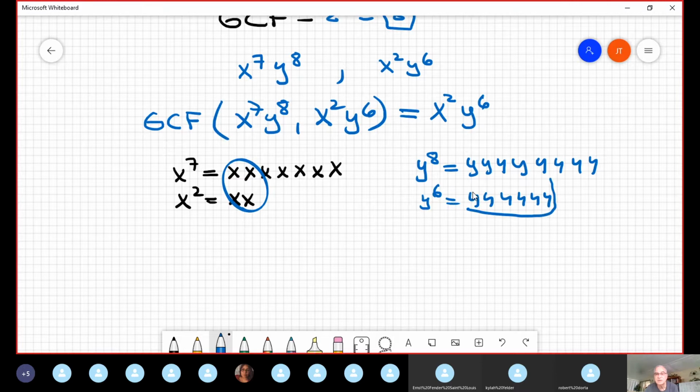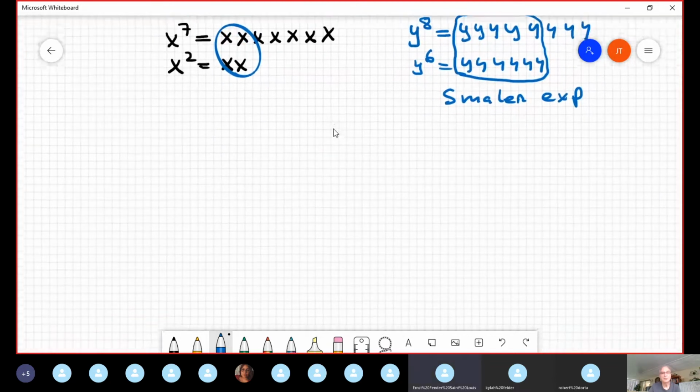And you can see that 6 y's are common. That is the reason I take the smaller. The shortcut, remember, is the smaller exponent.